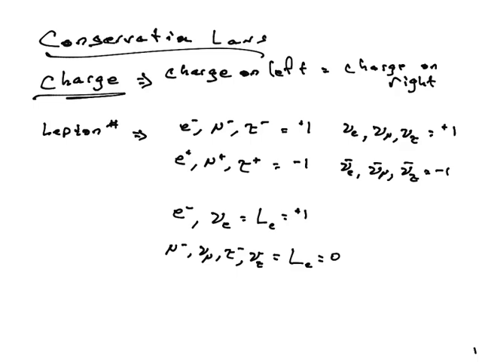They're mu's or they're taus, so they don't have electron lepton number. And of course, the anti-version is the same, right? E plus, and anti-E neutrino is a negative electron lepton number, and 0 for the anti-versions.